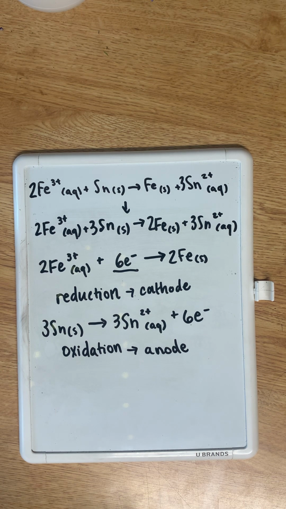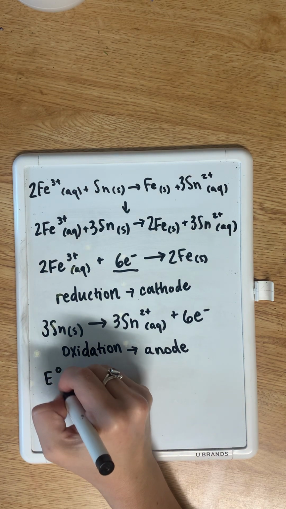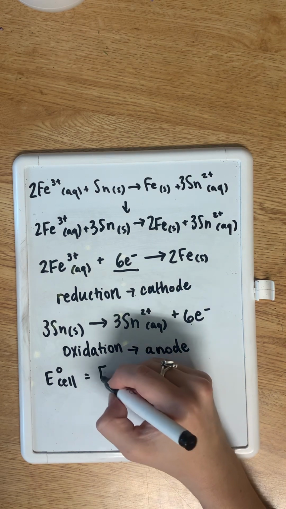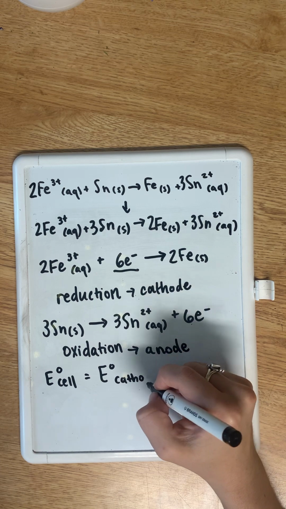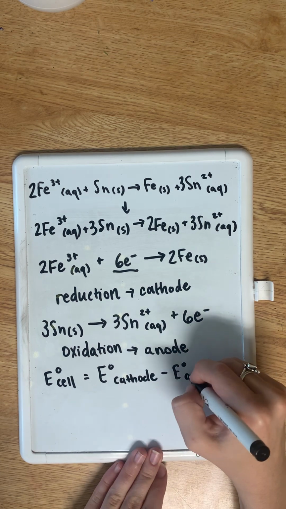And then the last part is we want to calculate the standard cell potential, so that's this guy, and we have an equation for that. It equals potential at the cathode minus potential at the anode.